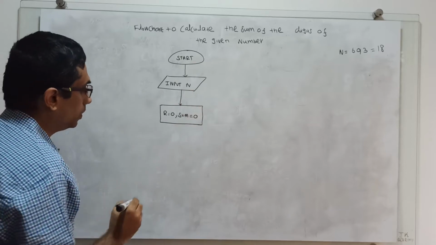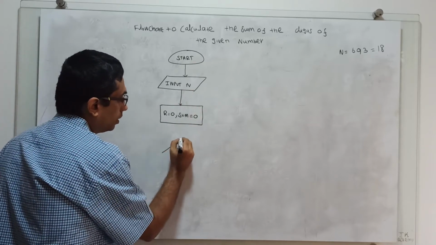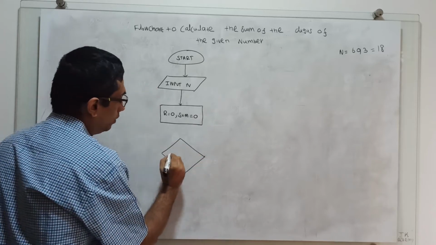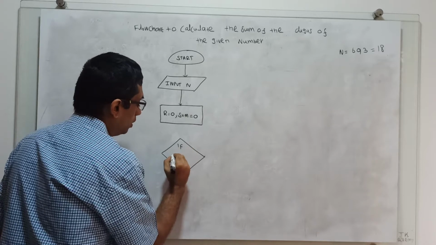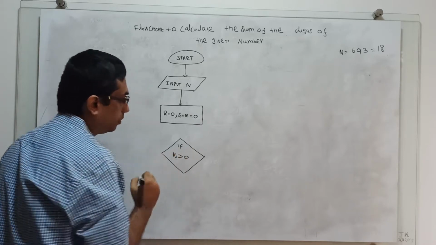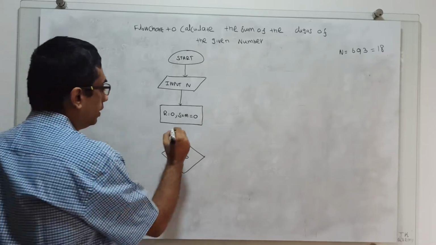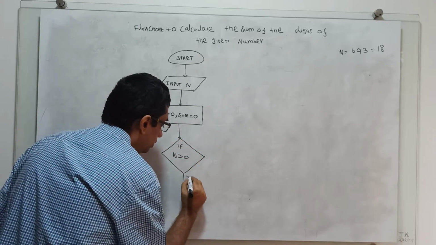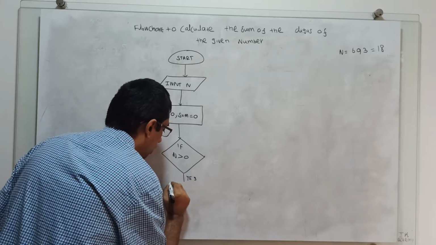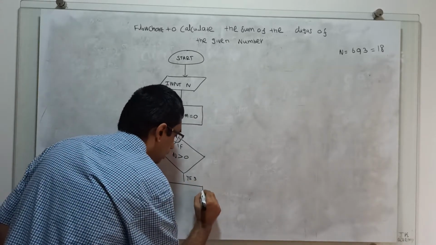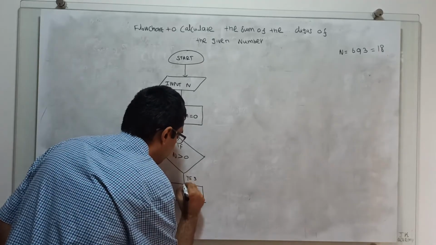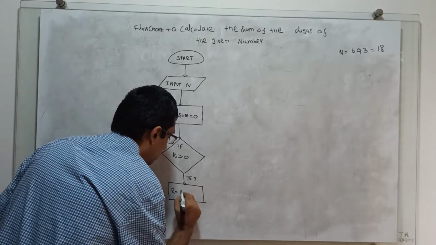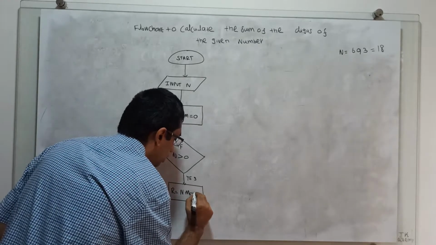Next I have a decision statement. That means, if n greater than 0. Okay. So if n greater than 0 is true, that means yes, I am calculating the remainder r equal to n mod 10.